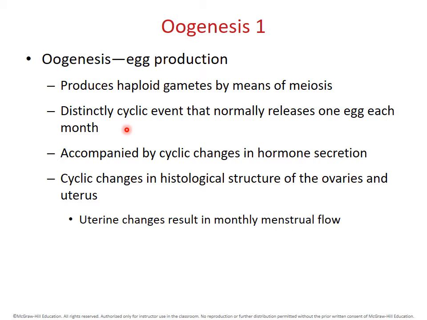So again, that's very different. Males produce functional sperm cells by the millions every day, while a female ovulates one receptive ovum every 28 days. So clearly these are very different kinds of gamete formation in the two sexes. So let's take a close look at what's happening during oogenesis.